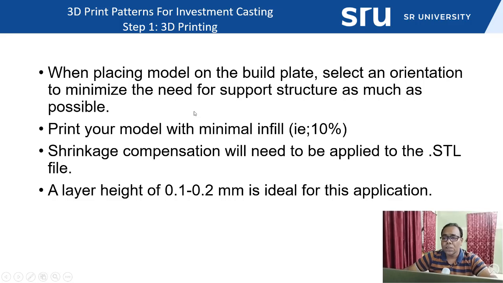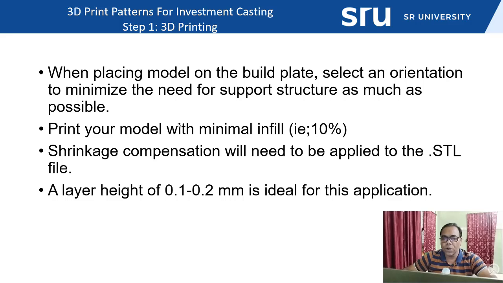Why? Because the support structure is not part of our product. Anyhow, that support structure has to be removed from the main part. So it is very, very important to remove the support structure from the part, so that the quality is maintained and the exact structure will be useful.